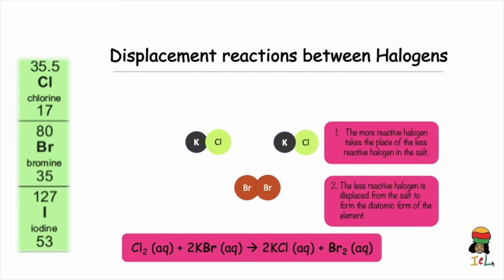The less reactive halogen then forms the diatomic element Br2. Therefore, to complete the equation of the reaction, the products formed are 2 molecules of potassium chloride and 1 molecule of bromine. The bromine formed is dissolved in water within the reaction mixture, hence aq as a state symbol.